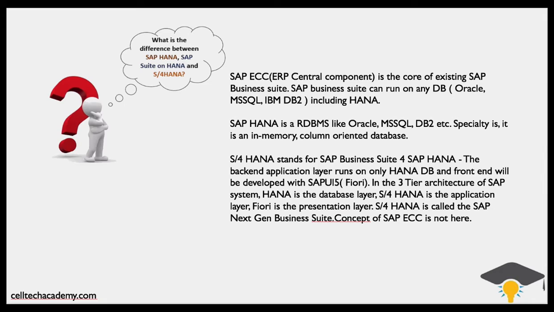That is called SAP HANA. And the business suite on HANA is nothing but SAP. You might have heard MM, SD, PP. Those types of modules reside in a combined central component called SAP ECC, which is SAP's ERP system.